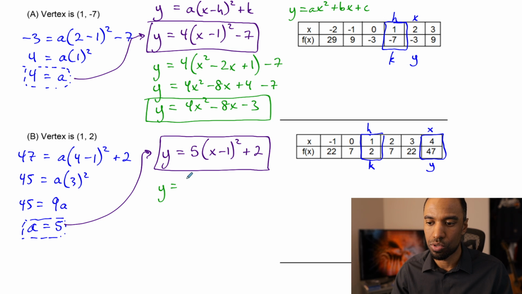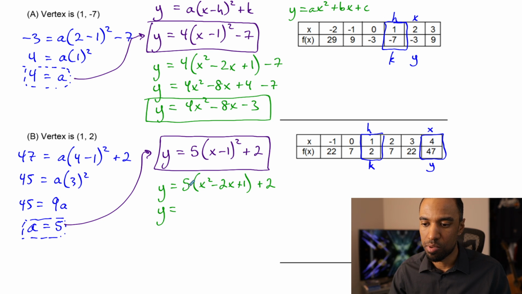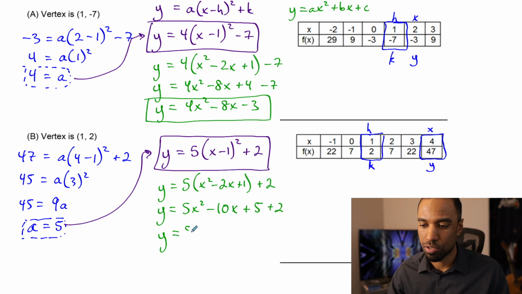So we get y equals 5 times x squared minus 2x plus 1, and then there's a plus 2 on the outside. Distribute the 5: 5x squared minus 10x. 5 times 1 is 5, so plus 5, and plus 2. So we got y equals 5x squared minus 10x, 5 plus 2 is 7, so plus 7.